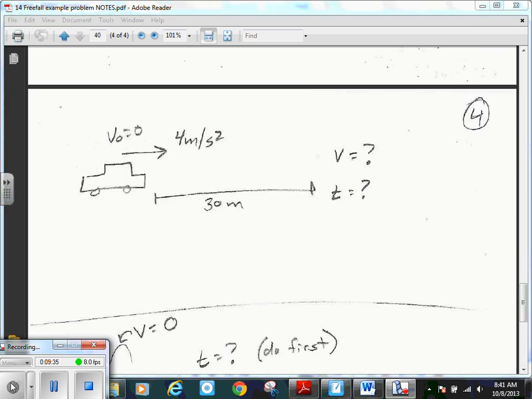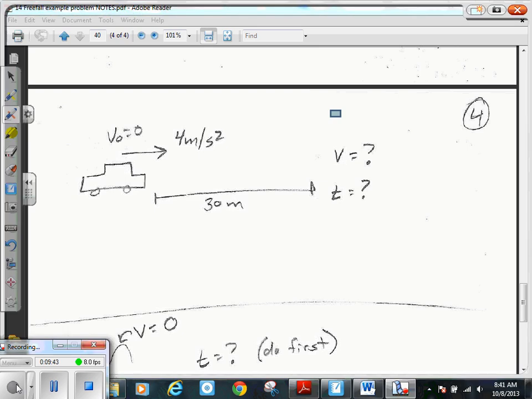Okay, another example. We're looking for v here, right? So we got our checklist. Our v sub naught is 0. Acceleration is 4 meters per second squared. Displacement is 30 meters. Now, should that be positive or negative in this case?